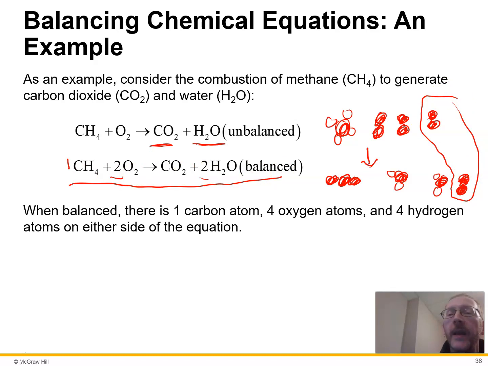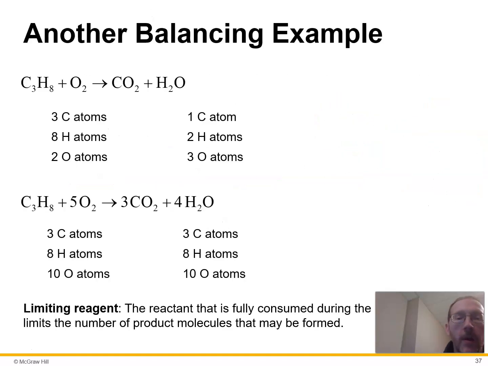Well, which thing is then getting used up? Well, no, the oxygen's not getting used up because there was an extra one and it's still there at the end. So that means that this reactant, the methane, was what we call the limiting reactant or the limiting reagent. You can use those terms synonymously, reagent or reactant.